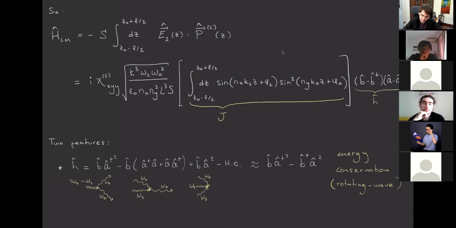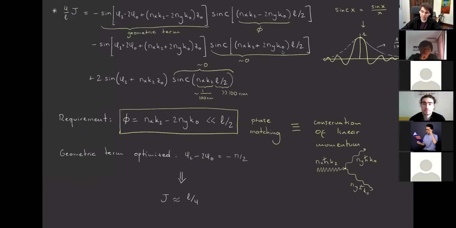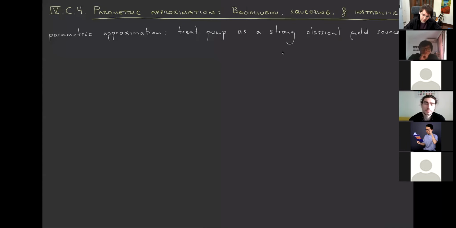So here we can do something similar, and we can now take this field that appears in the Hamiltonian, E2, instead of taking it as a quantum field, we can take it as a classical field. And in particular, we can give this form to the electric field at that frequency. So let me just write it down.